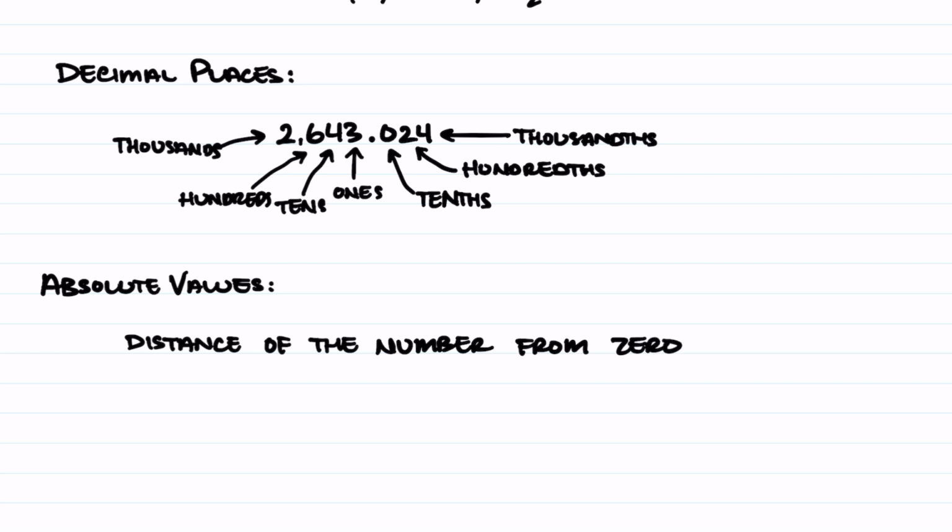So what do I mean by that? Well, let's do an example here. For example, we have the number 25. So what is the absolute value of 25? Just gonna say absolute value.